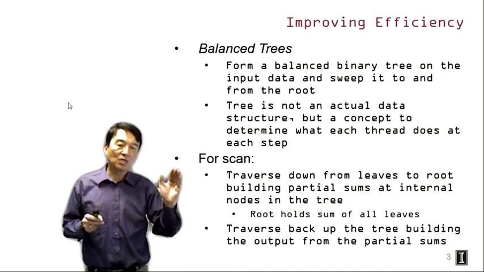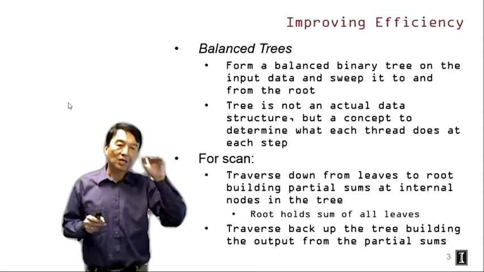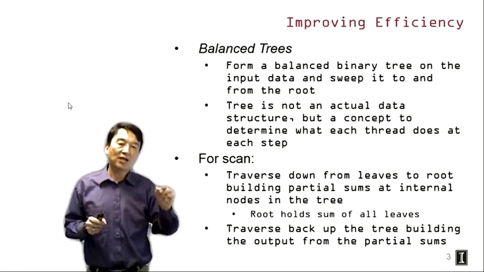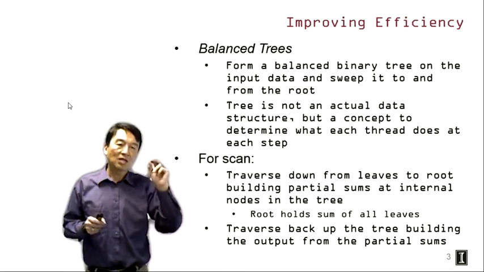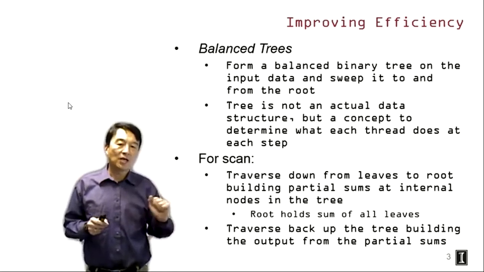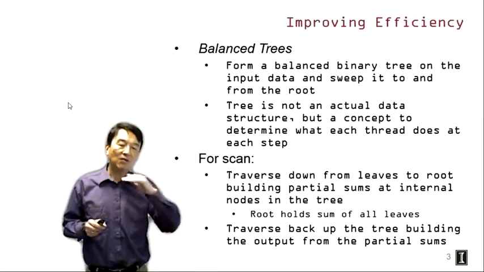And we'll be doing this as an in-place computation algorithm, meaning that the original contents of the shared memory array are the original elements, but we will be updating these elements towards the final outcome. And many of these elements will be holding partial sums during the computation. So at the end of the reduction phase, the root will hold the sum of all the leaves.